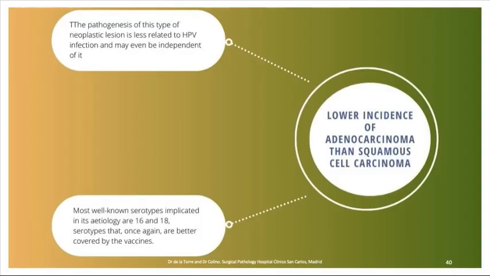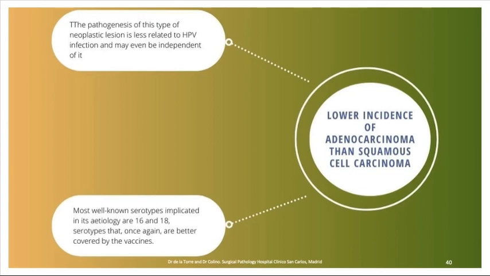As for adenocarcinoma, the present research detects an incidence clearly lower than squamous cell carcinoma in all the years of study. However, it is necessary to consider that the pathogenesis of this type of neoplastic lesions is less related to HPV infection and may even be independent of it.